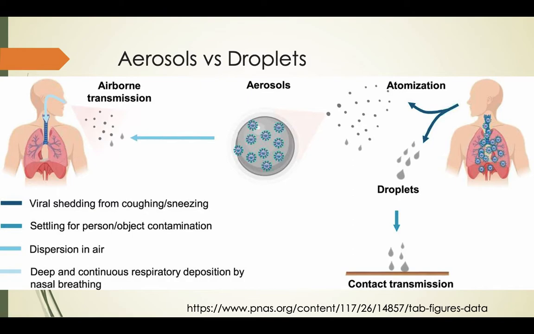Usually, the size of aerosols will be below 5 microns in diameter, and in terms of size, we can divide them into small droplets and large droplets. Large droplets usually have a diameter of more than 5 microns. They drop to the ground before they evaporate, causing local contamination. So in essence, that's how we differentiate aerosols from droplets.